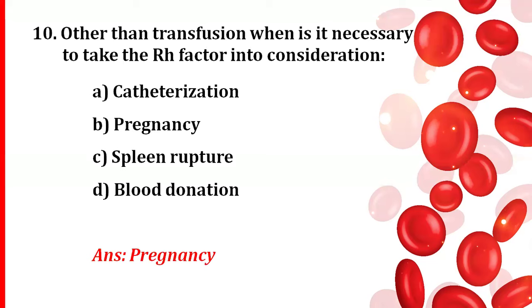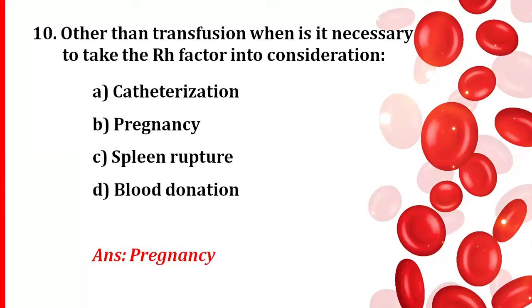In pregnancy, it is necessary to know the RH factor. So what is RH factor? It is a protein which is present on the RBCs. It is used to indicate whether the blood of two different people is compatible when mixed, such as mother's blood and her baby's at the time of birth.